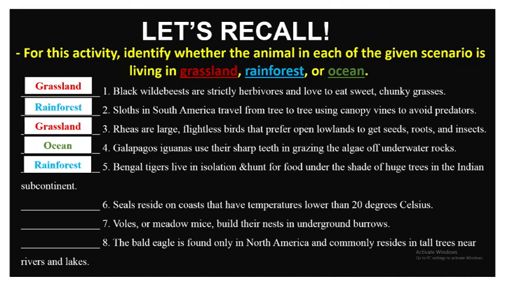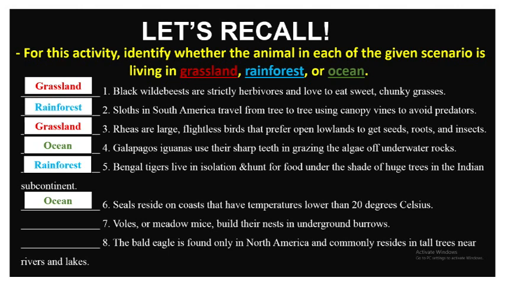Our sixth question is, seals reside on coasts that have temperatures lower than 20 degrees Celsius. So the answer is oceans. Our seventh question is, wolves or meadow mice build their nest in underground burrows.